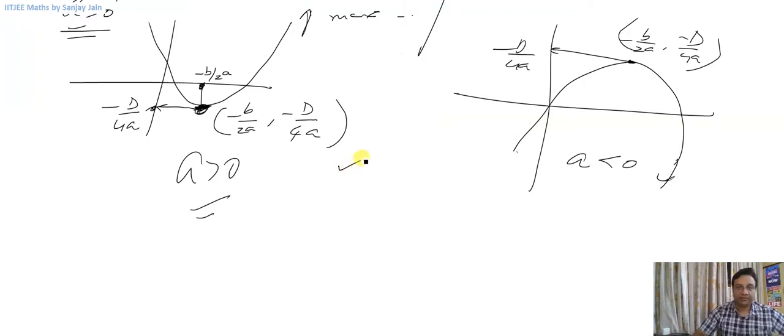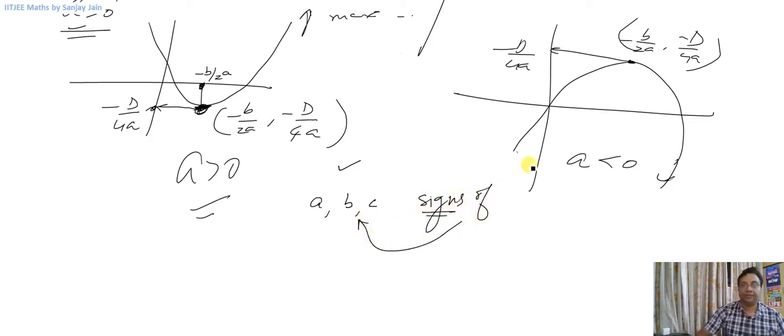So in this lecture we will discuss graphs of quadratic polynomials further and see the signs of A, B and C, the signs of these coefficients, for various graphs of a quadratic polynomial.